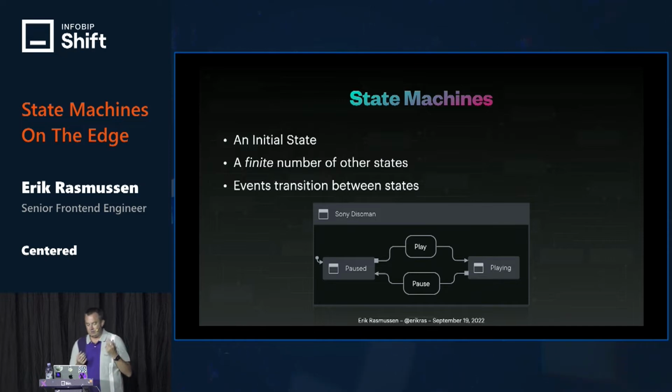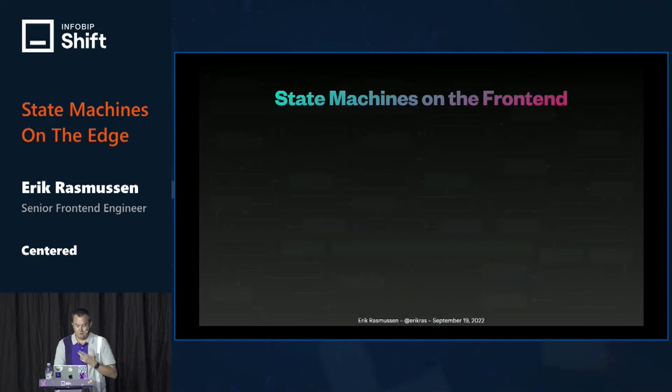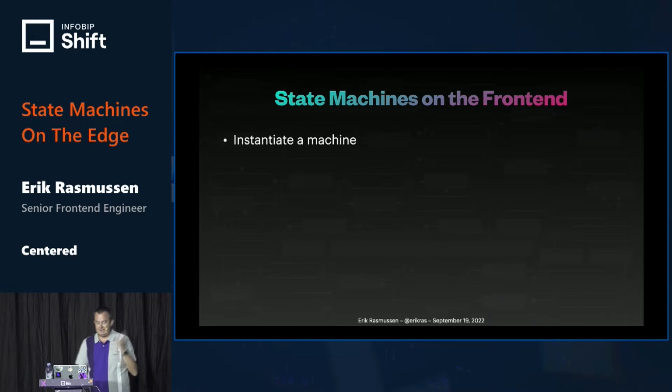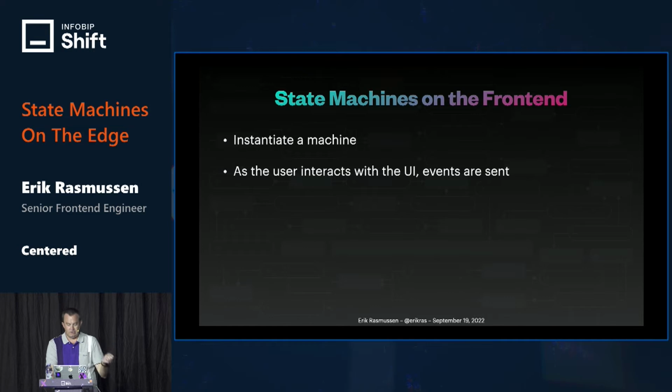And this is important because only some transitions can take you from one state to another. So if you're in the playing state and you hit the play button, nothing's going to happen. And then perhaps some other side effects and other things. So on the front end, what we generally do is we instantiate a machine, and then as the user interacts with the UI, events are sent to the machine.